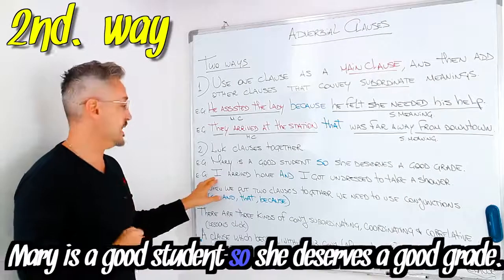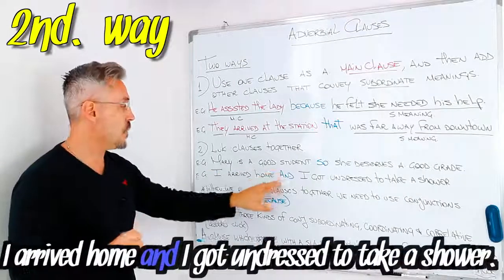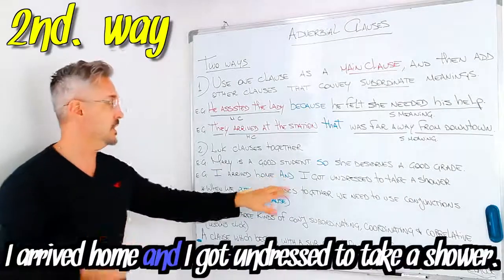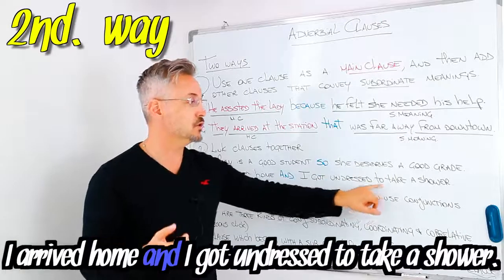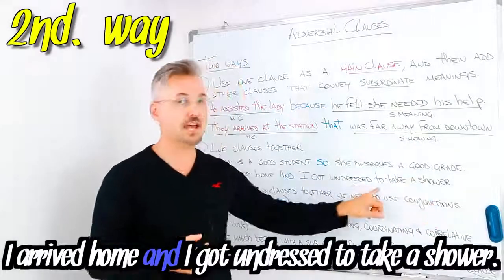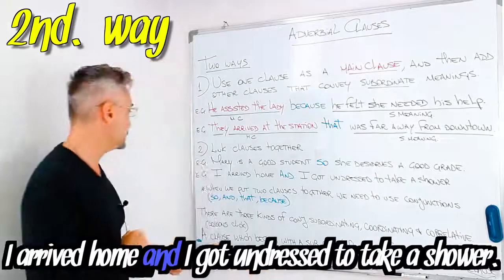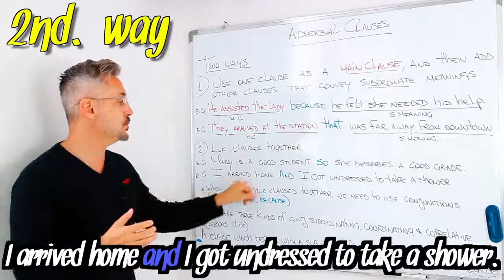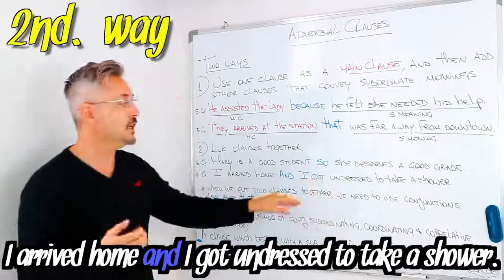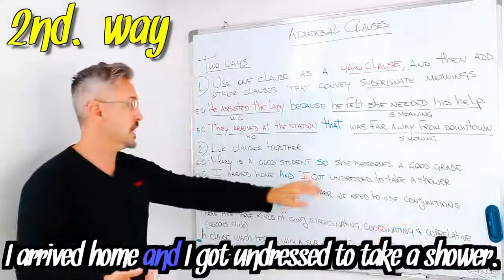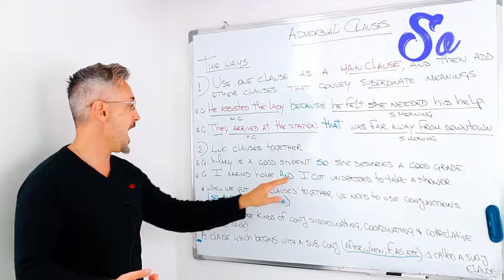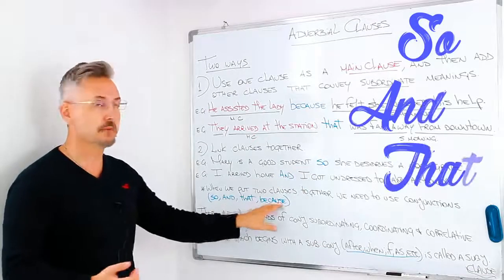The second example: I arrived home and I got undressed to take a shower, to take or to have a shower in British English. When we put two clauses together, we need to use conjunctions like so, and, that, because.